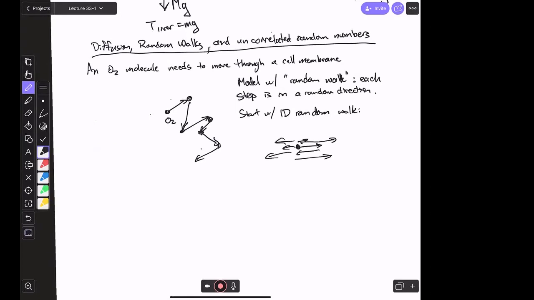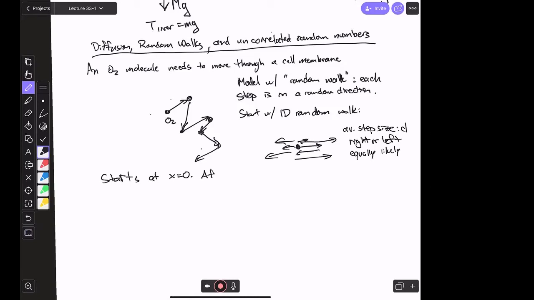So we're going to say there's an average step size of d, and steps to the right or left are equally likely. And so let's say that the molecule starts at x equals 0.